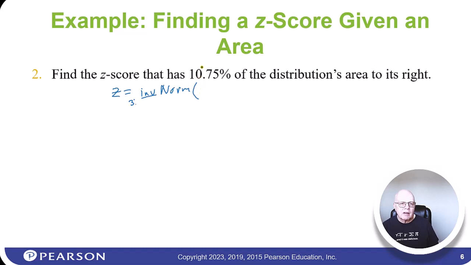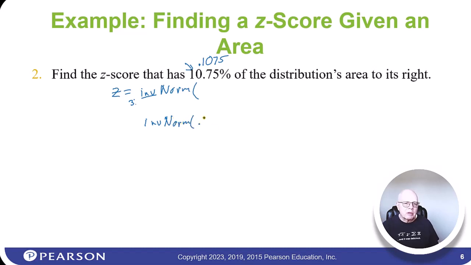What do we need? First of all, we need the area, and as you see 10.75%, that's not what the calculator is going to look for. It's going to look for a decimal equivalent, 0.1075. So we'll type until we get the inverse normal.